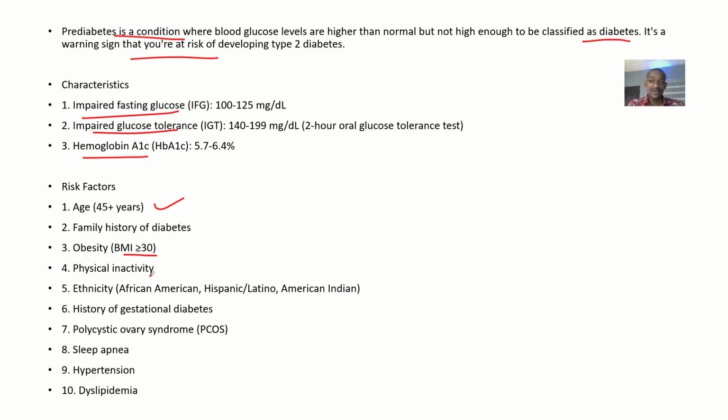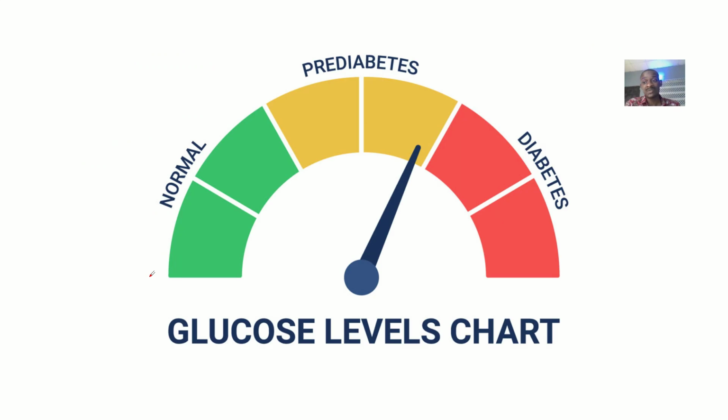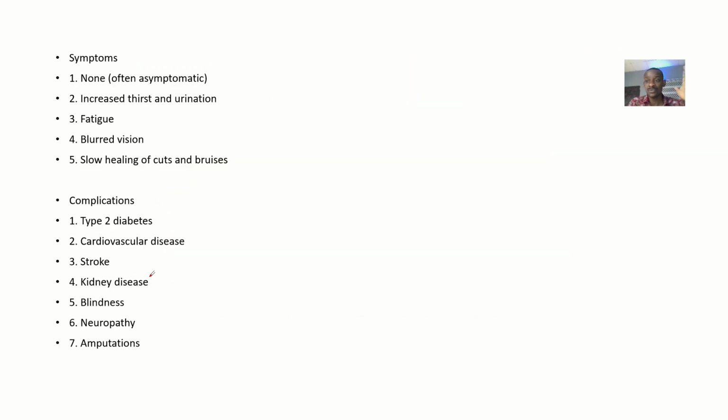If you are physically inactive, practicing a sedentary type of lifestyle. In terms of ethnicity, Africans, African Americans, Hispanics, Latinos, and American Indians are more likely to develop this condition. If you have a history of gestational diabetes, polycystic ovary syndrome, sleep apnea, hypertension, or dyslipidemia, all of that are risk factors for pre-diabetes.